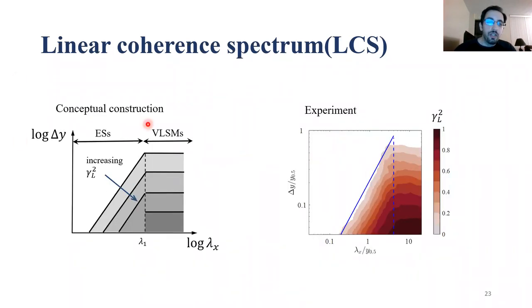Now, we can compare this conceptual construction of the coherence spectrogram with some spectrogram from the experiment, and we can see that the experimental spectrogram resembles the conceptual spectrogram. We have this eddy structure spectral domain and this VLSM spectral domain.